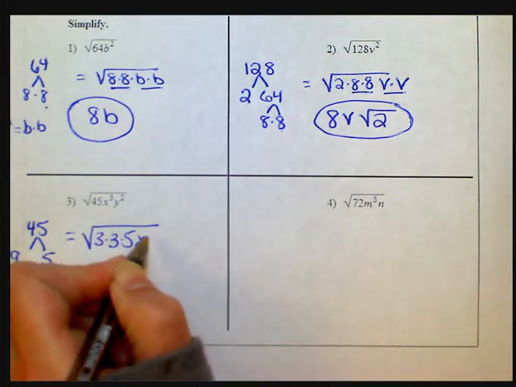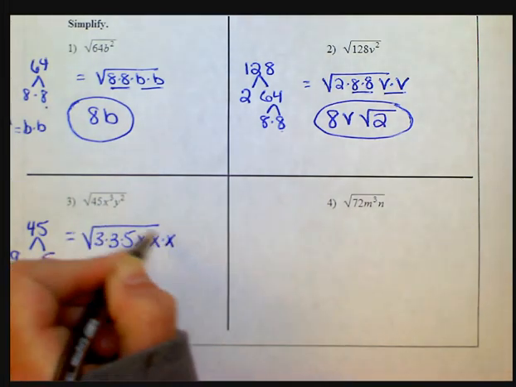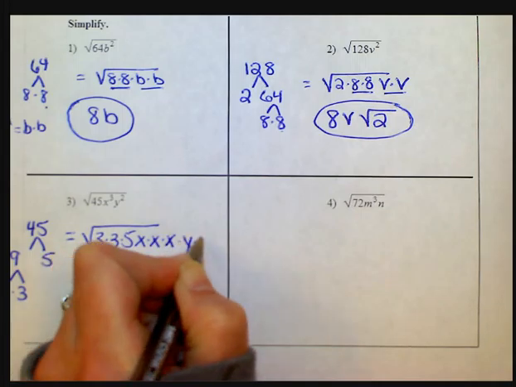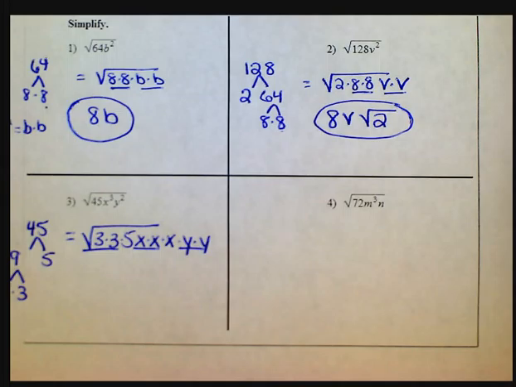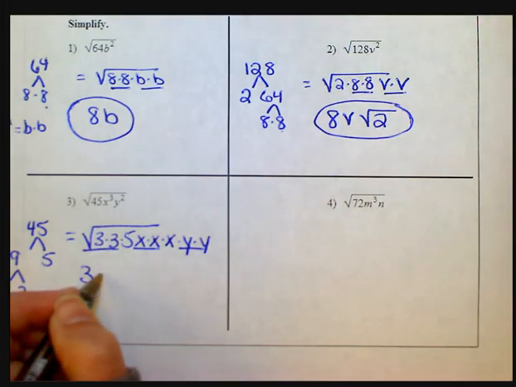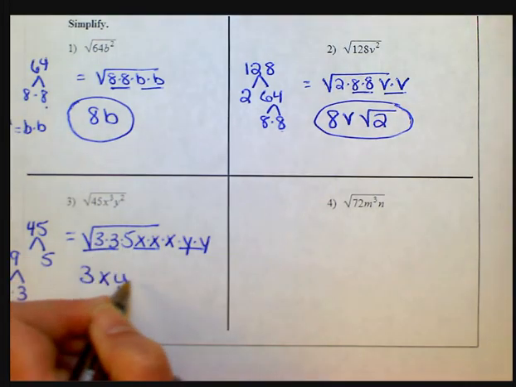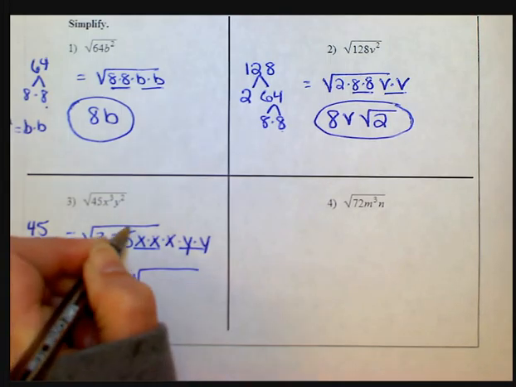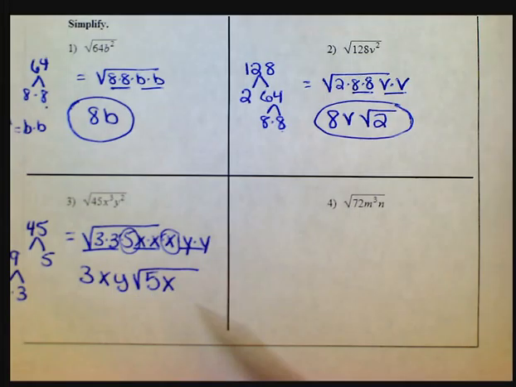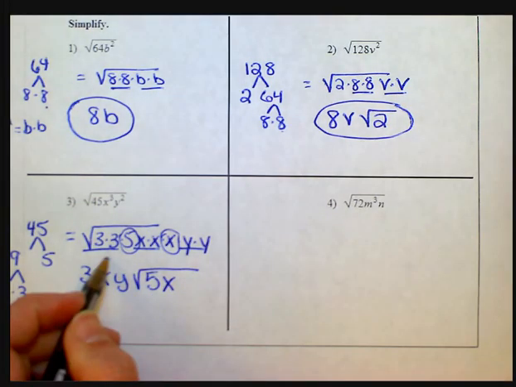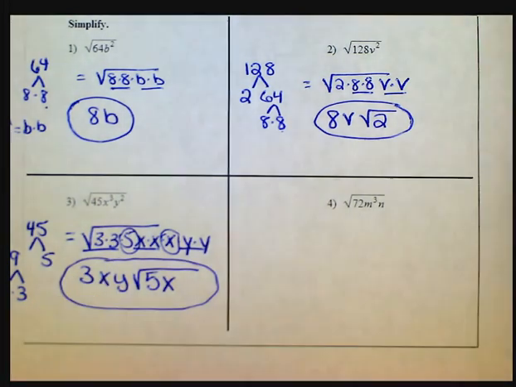X to the third is x times x times x. And y squared is y times y. So for every 2 under, I can bring 1 out. So I can bring out a 3, I can bring out an x, and I can bring out a y. So my things that are left without partners, a 5 and an x, have to stay underneath the radical sign. So this simplifies down into 3xy times the square root of 5x.